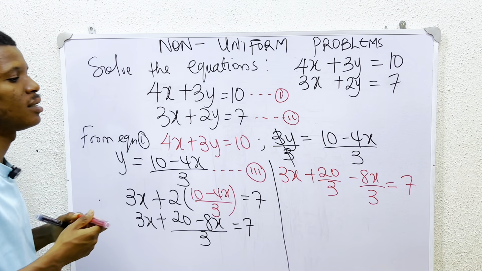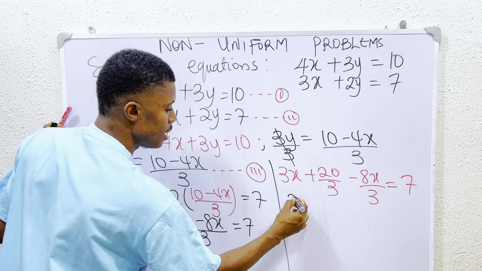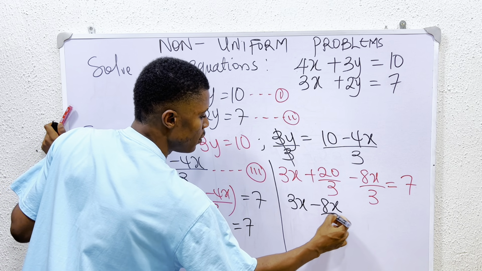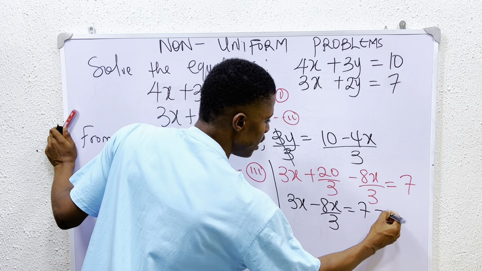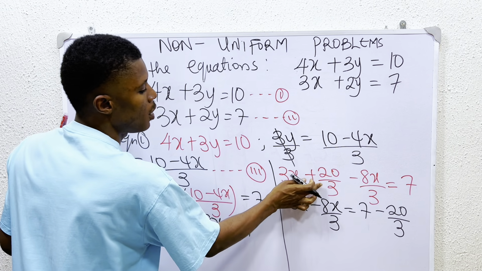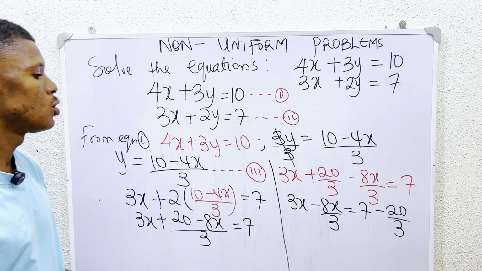We just split the fraction so that we can simply collect like terms, in the sense that 3x minus 8x over 3, collecting like terms, is equal to 7 minus 20 over 3. Plus 20 crossing the equality sign becomes negative.